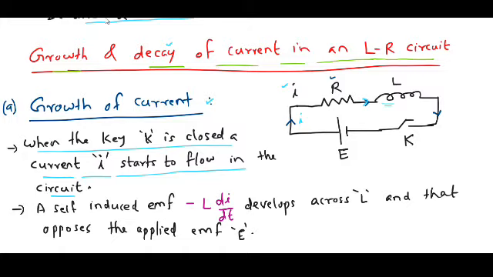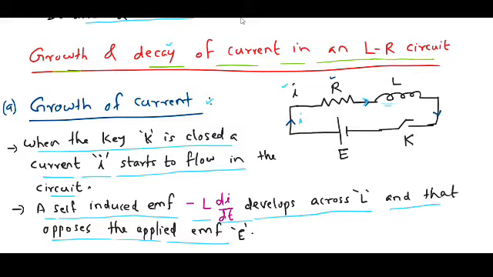That is a back EMF that will be developed. We will say it is a self-induced EMF. This minus L di by dt develops across the inductance, and that self-induced EMF opposes the applied EMF.